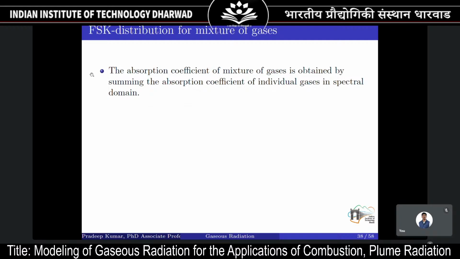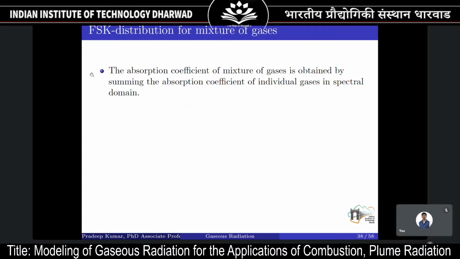What happens here? We are transforming from one domain to another domain, so we have lost the spectral information. For a mixture of gases, we need to calculate the spectral adjustment coefficient for each gas and add it. But adding in the transform domain is not straightforward.